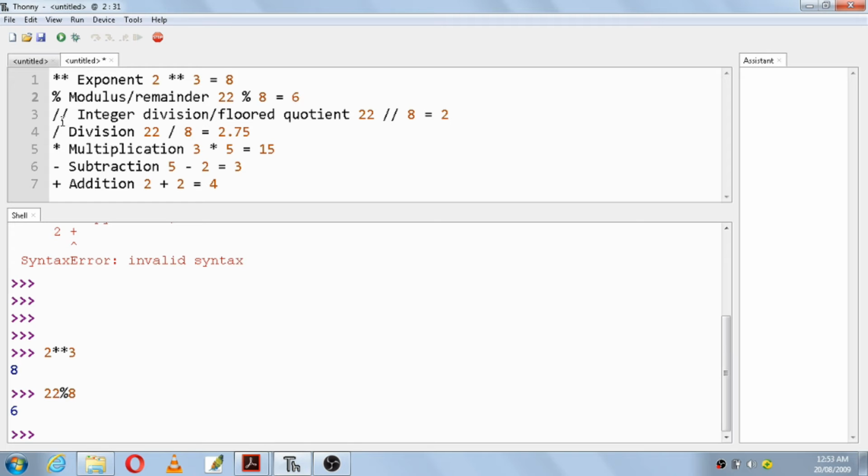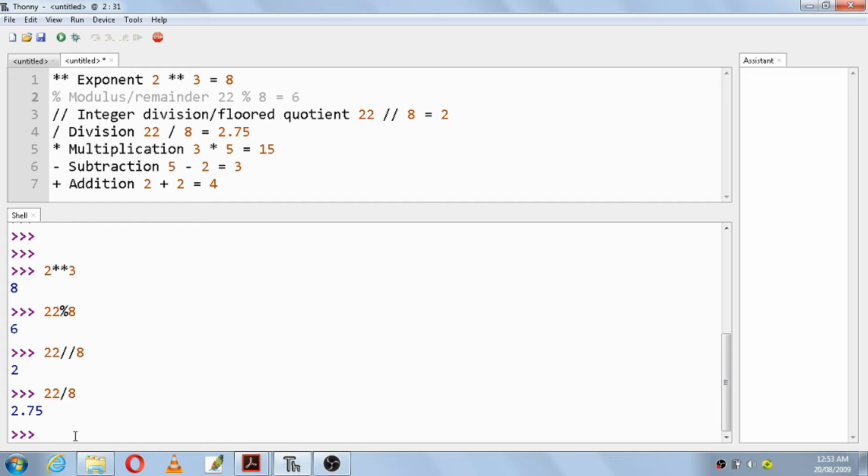Yes, then next we'll use double slash, which is used for integer division. 22, sorry, not asterisk here, 22 double slash 8. It will give us 2. It will only consider the integer part. Then we'll take the division, single slash, 22 divided by 8, it will give us 2.75.